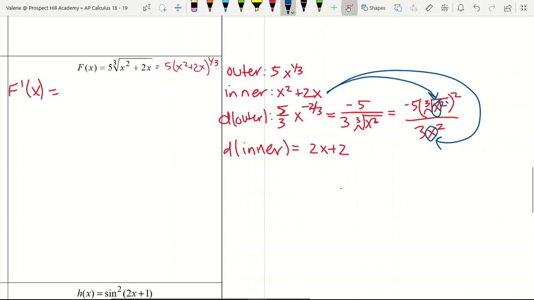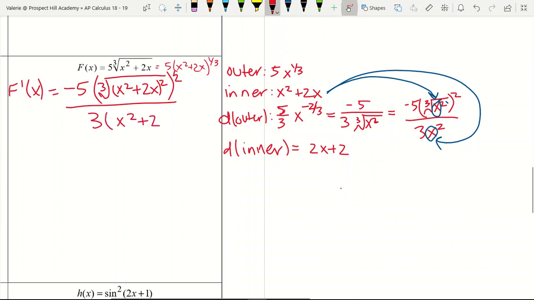So we'll have negative 5 cubed root of x squared plus 2x squared, all that squared, over 3 times x squared plus 2x squared. All of that times, use a different color, 2x plus 2.